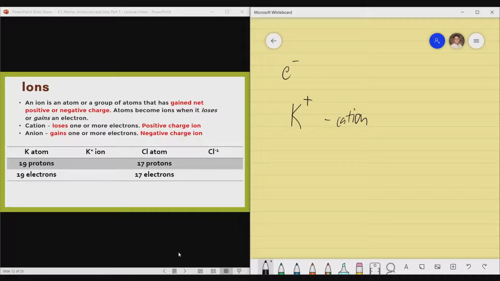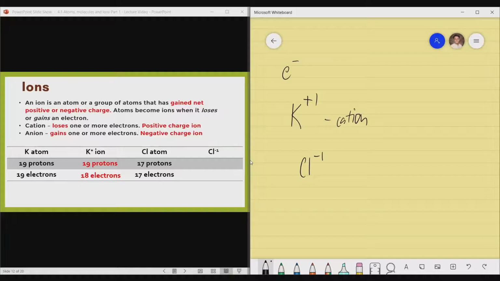Ang proton ay parehas pa rin. Kasi nga, si electron lang ang pwedeng mawala at matanggap. Okay? So, K+. Ngayon, ilan kaya ang electrons? Dating 19, naging positive. Kung naging positive, lose. Ang meaning ng plus ay isa. So, we can also write this one as +1. So, meaning to say, nawalan ng isang electron. Okay?